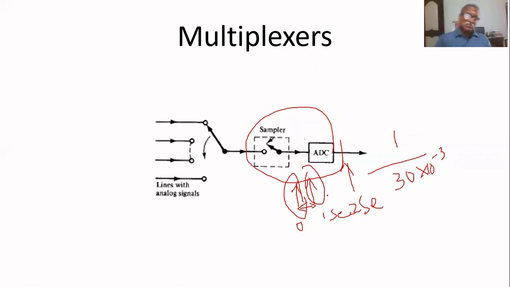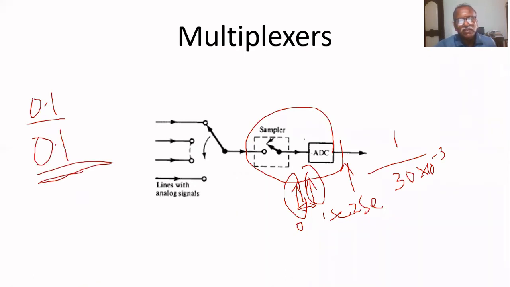Process control are large time constant processes. That's why sampling every 1 second is sufficient. It depends upon the process time constant. The sampling period must be 0.1 times the time constant, or 0.1 times the dead time. Already we have seen. In this case, let us assume that 0.1 times the time constant is 1 second.